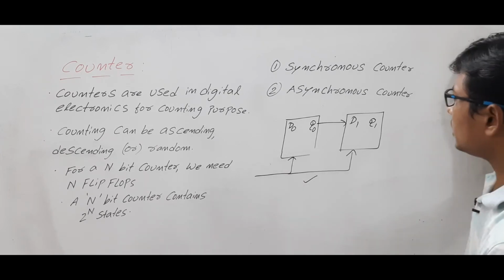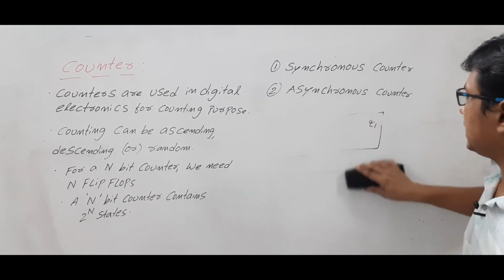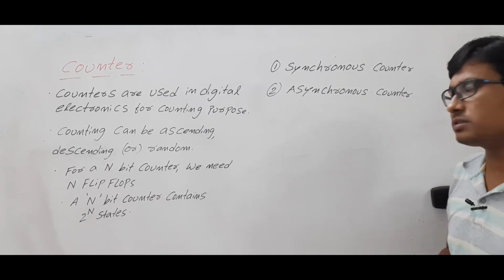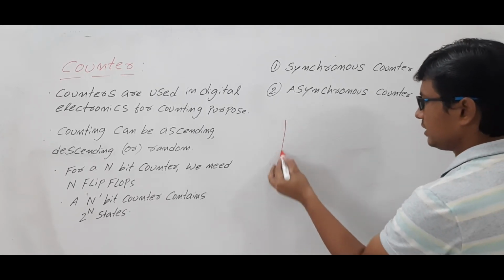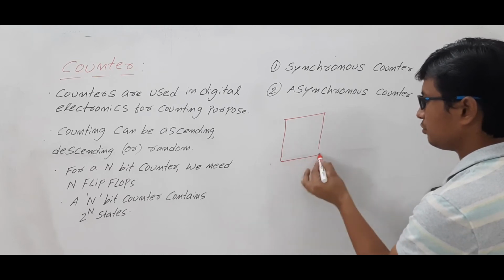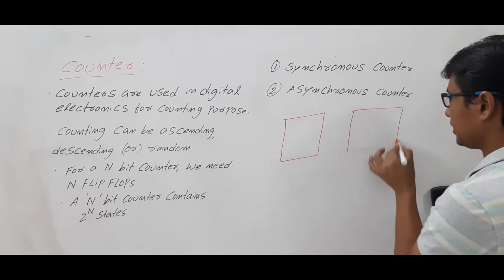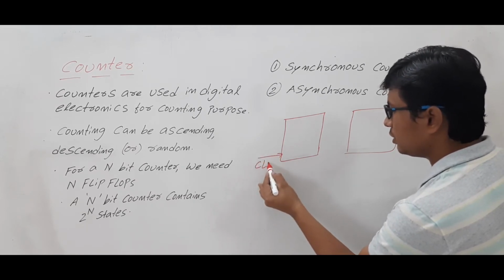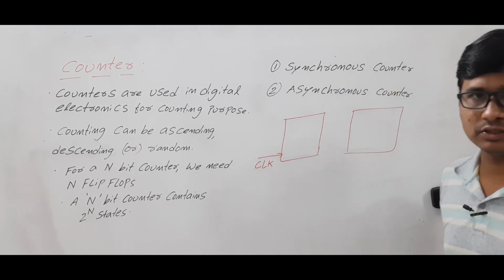Now we'll discuss the asynchronous counter. Let me take the same 2-bit counter. I have 2 flip-flops. For the first flip-flop, I will give the universal clock from an external source.